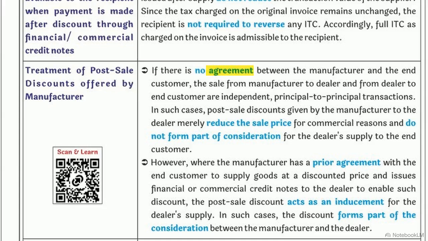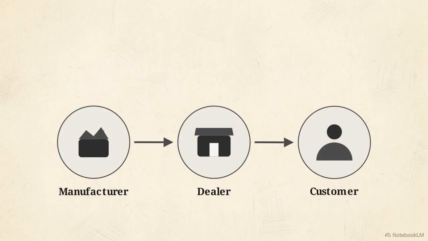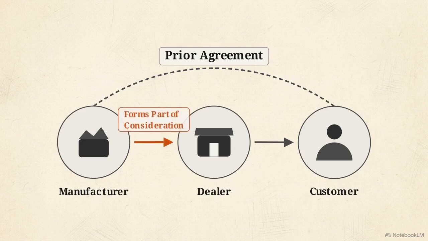The final complication arises when post-sale discounts are tied to promotional activities undertaken by the dealer. Looking at the bottom section of the circular, standard post-sale discounts given by a manufacturer to a dealer to promote general sales are not treated as consideration. The dealer is simply trying to increase their own independent volume. However, contrast this with a situation where the dealer undertakes specific promotional or marketing activities on behalf of the manufacturer, operating under a separate identified agreement.